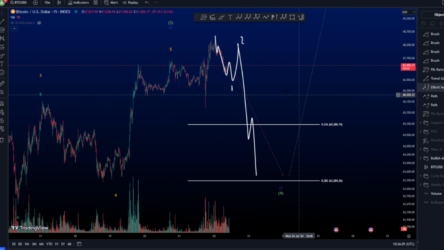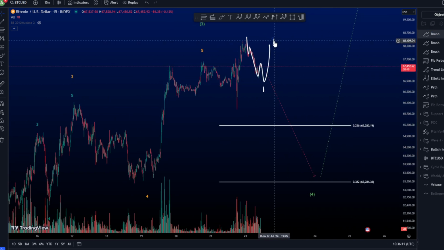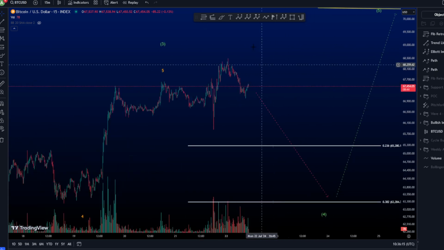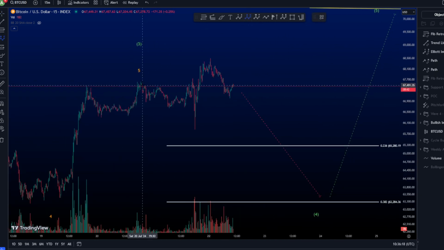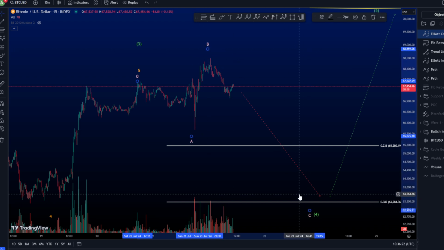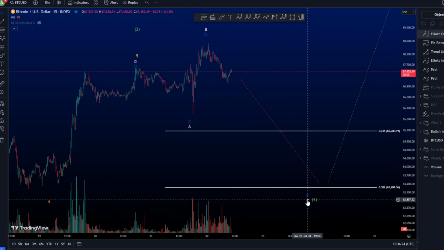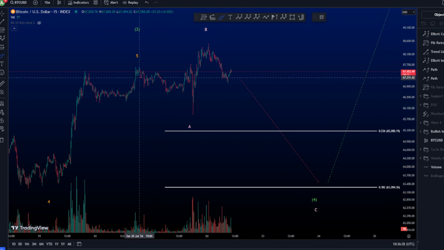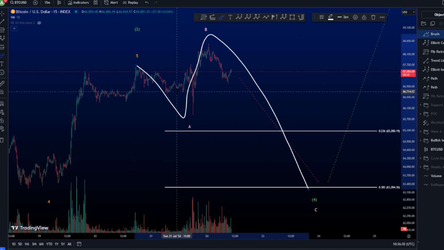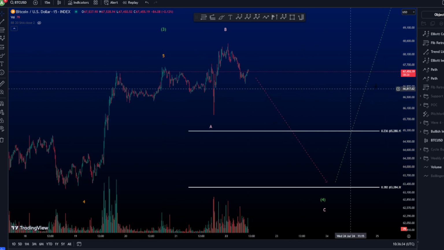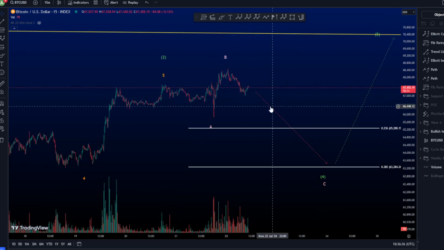So this is my reading for the next move. I'm gonna label this, guys. I'm gonna put here A, B, and C. So this is what we are expecting now, a wave C. That will be the wave 4 retracement at the same time, and then move up again with the wave 5.